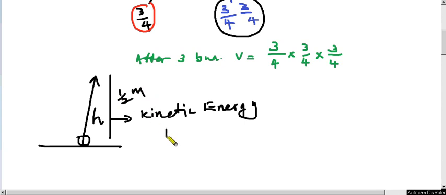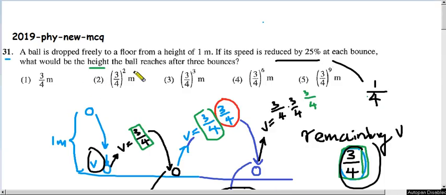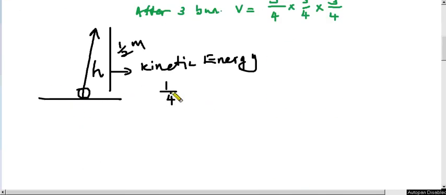If the kinetic energy is 1/4 after 3 bounces, the height the ball reaches is 1/4 of the initial height. Since the initial height is 1 meter, then if the kinetic energy is 1/4, the height is 1/4 meter.